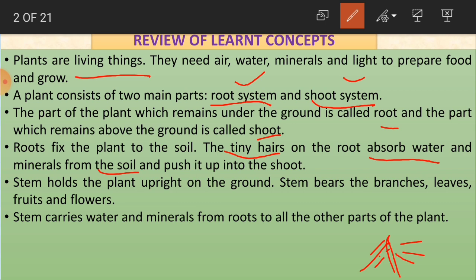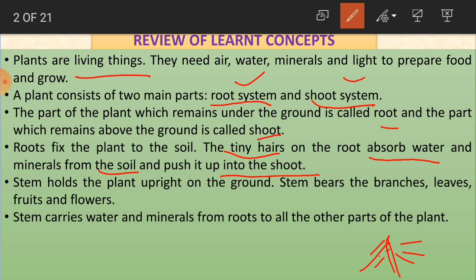Normally when we pour water on the soil, from the soil the water reaches the roots, and the minerals along with the water are absorbed by the roots, and they push it up into the shoot. Push it up in the sense they send it to the shoot.